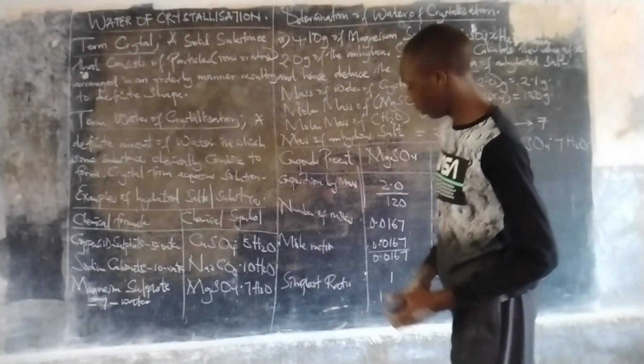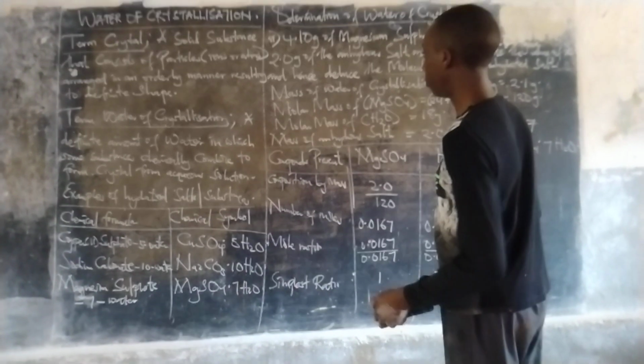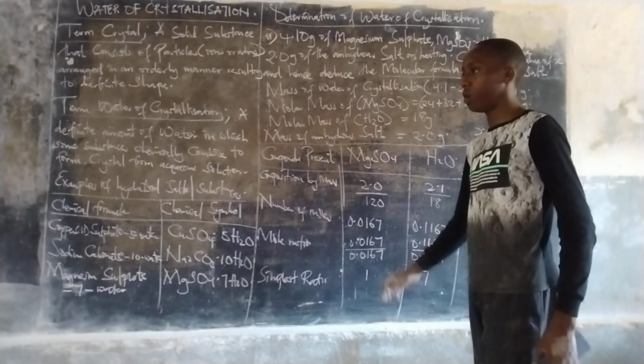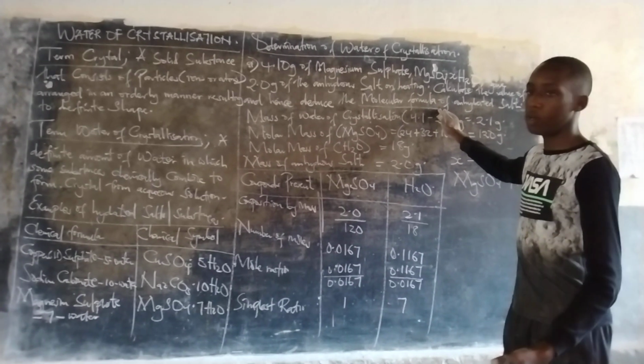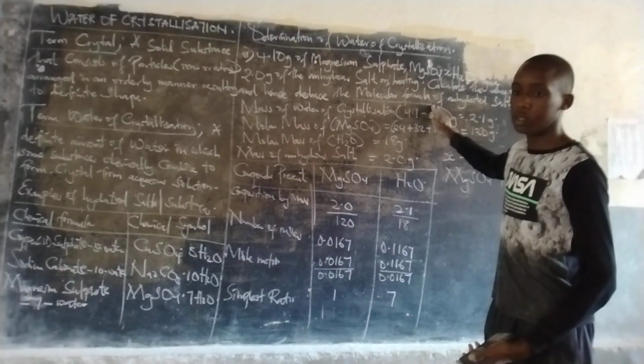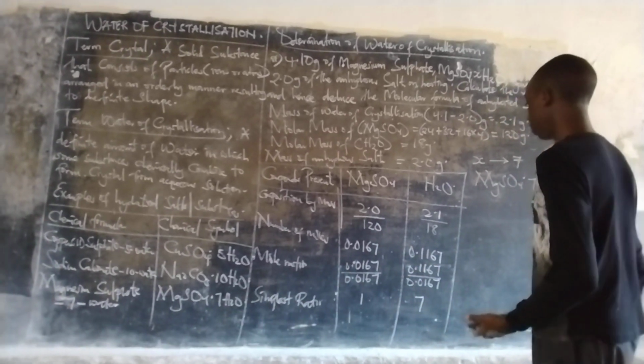A molecular formula is the formula that gives us the actual number. So in simple terms, you can get such in decimals.